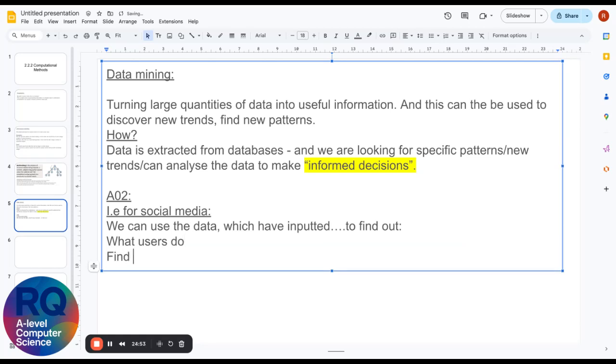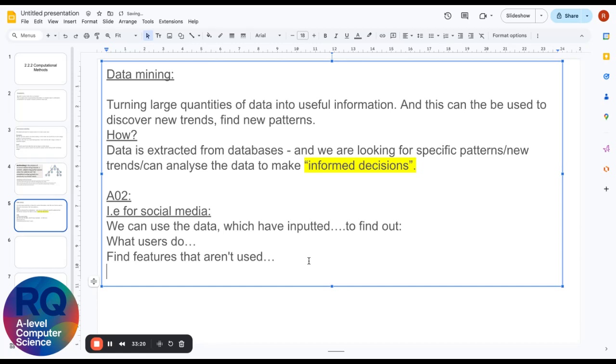Find out perhaps features that aren't used. We could also find what areas on the, I should say, platform are used most.